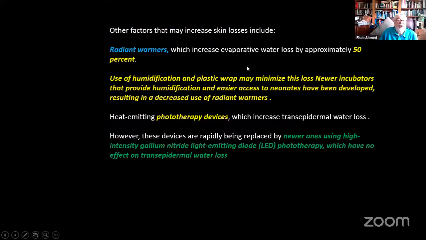One of the important issues is the radiant warmers, which increase the insensible water loss, and also the phototherapy devices, but there are some devices now that can prevent this water loss, like the LED phototherapy.